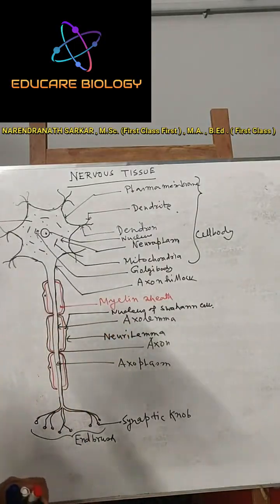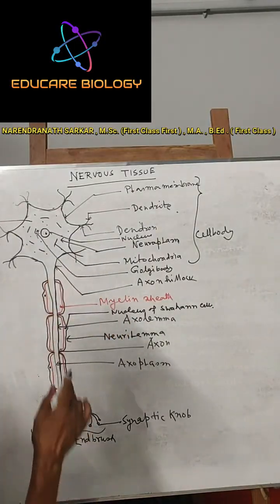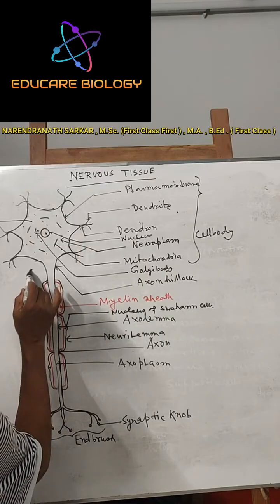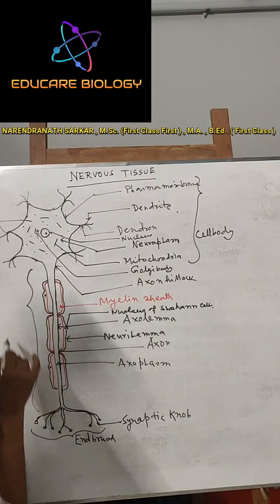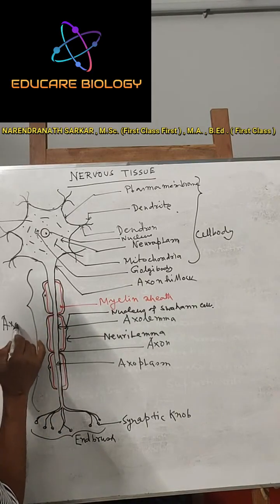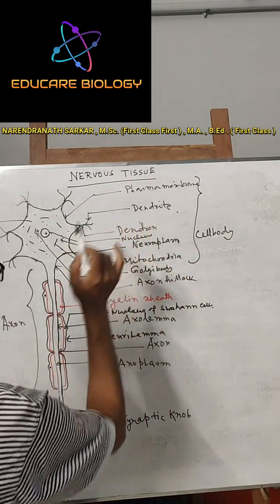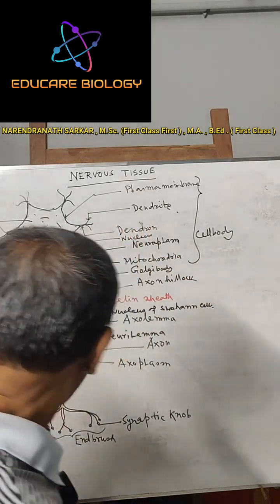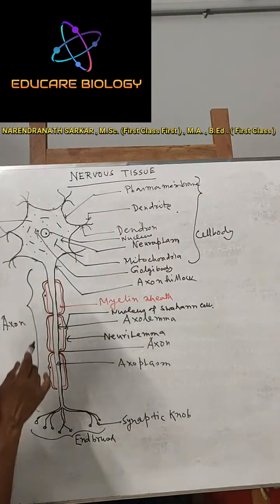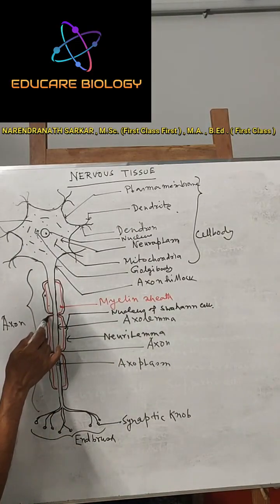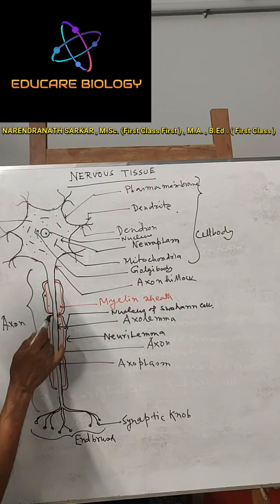These are the different parts. This is the axon. This is the cell body. This is the dendron and dendrite. Next, between the medullary sheath, there is a gap.